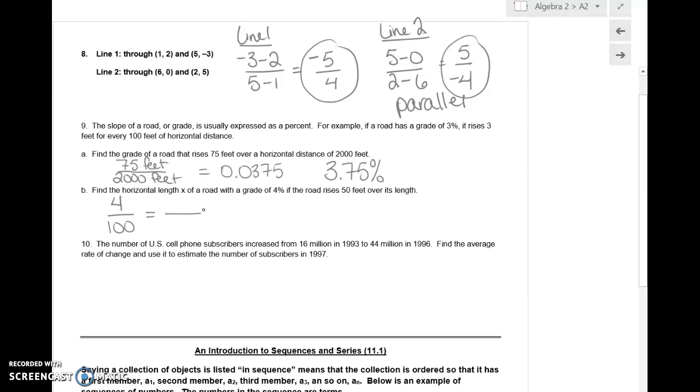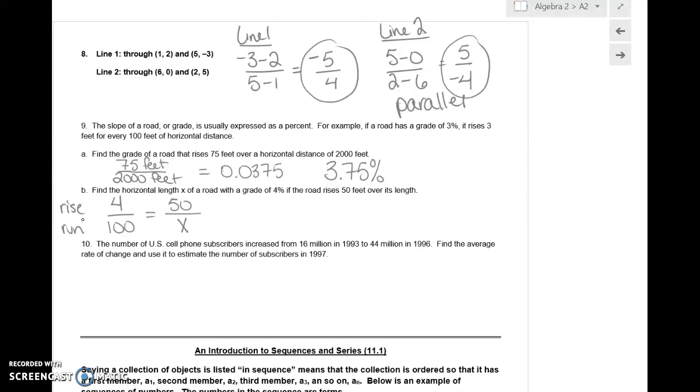We want to find the horizontal length, horizontal's on the bottom, so x goes on the bottom, if the road rises 50 feet. So we're just setting up, this is the vertical rise, this on the bottom is the horizontal run, and using 4 out of 100 as one half of our proportion, and then matching that up with 50 over x.